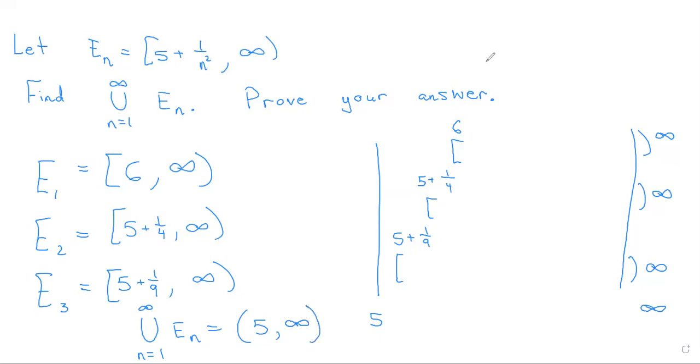And now for the next step, we will prove our answer. To prove it, we will need to show that it is a subset this way and a subset that way.